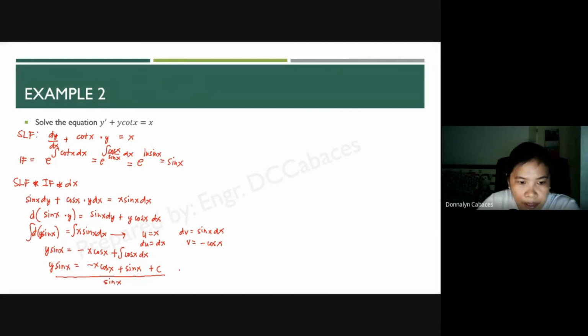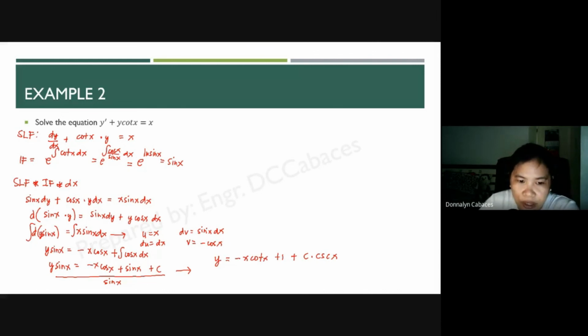If you divide it by sine x, then what is now the solution? So we have y is equal to negative x cotangent of x plus 1 plus c cosecant of x. Do not remove 1. Do not combine it with c because c has a multiplier now of cosecant x.